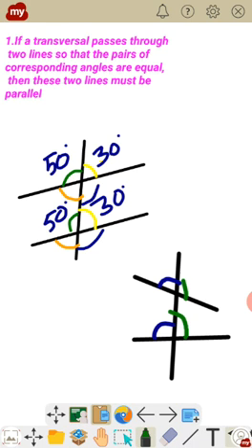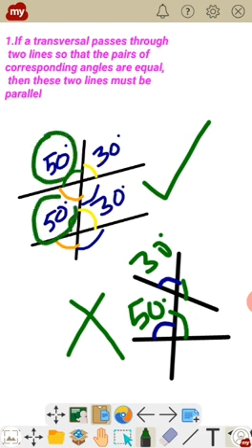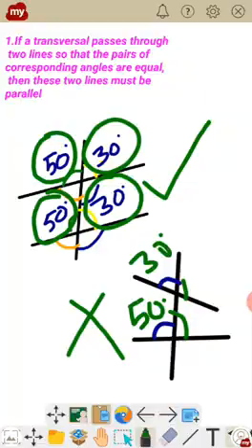If one angle is 50 degrees and another angle is 30 degrees, as you can see they are not of the same measurement, right? So you can say that these lines are not parallel lines. But in the first example, as the pairs of corresponding angles are equal, means their measurement is the same, those lines are parallel lines.